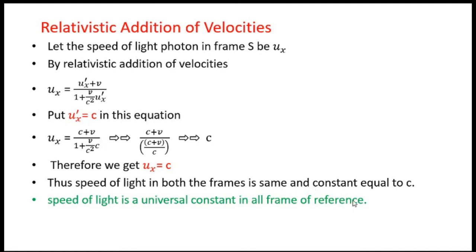It is constant and equal to c. Therefore our conclusion is that the speed of light is a universal constant. It has the same value in all the frames of references.